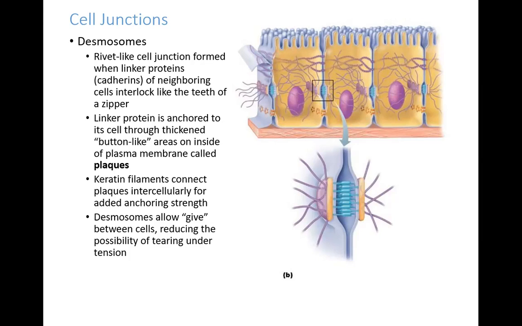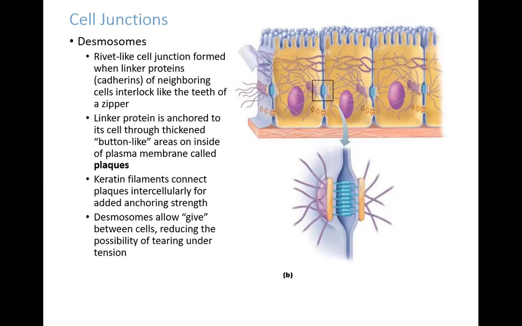Now, what this does is it gives you a great deal of strength, but a lot of flexibility. Our heart cells are held together with desmosomes because our heart has to contract every 0.7 of a second for 70, 80, 90, 100 years or more. And every muscle cell in our heart has to contract to its fullest extent every time.